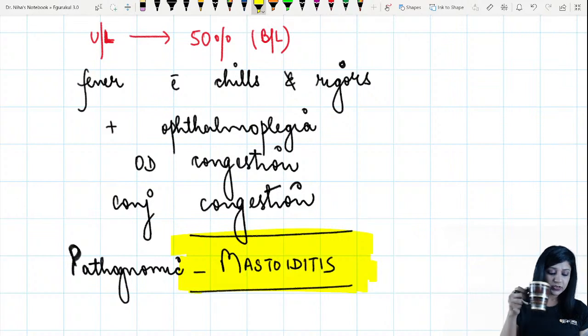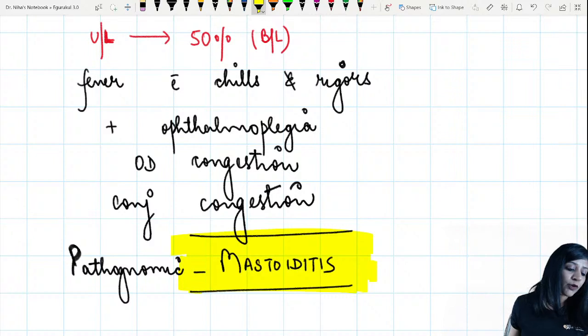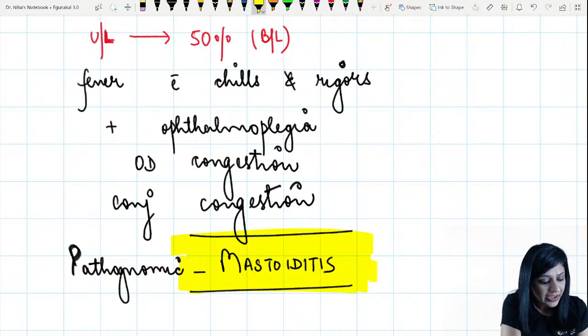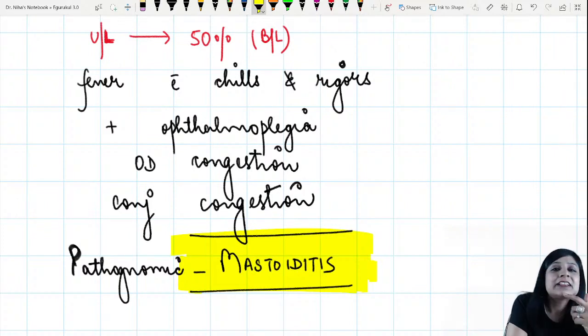Yes, very good. Third, fourth, ophthalmic division of the fifth nerve also, right? Okay, then anybody who can tell me why we are having this mastoiditis? Because cavernous sinus is the largest sinus. It's a paired sinus.